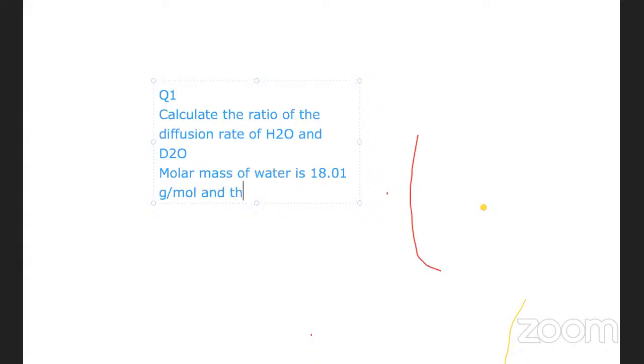And that of deuterium oxide is 19.0 gram per mole.